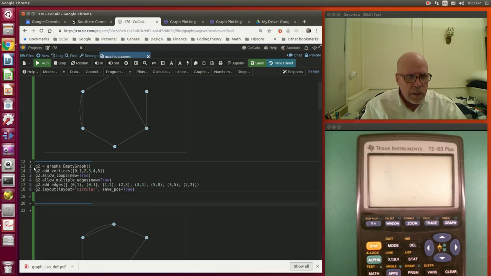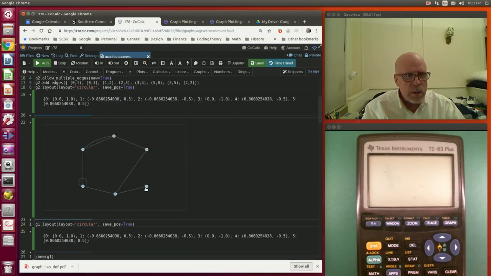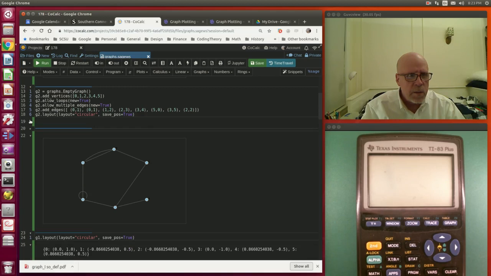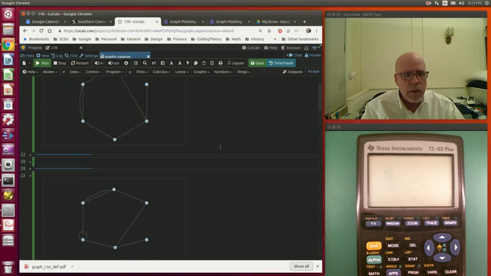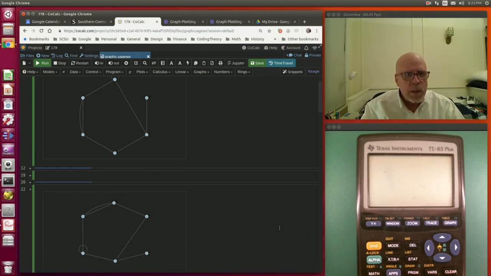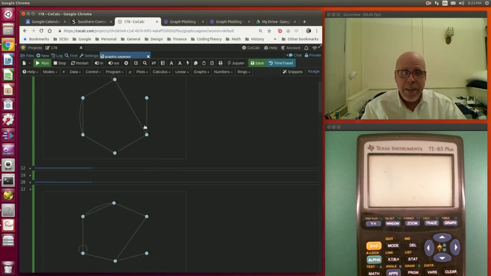And there's another graph. The first one I called G1, this is G2, and let's display it. Let me hide the definition again, so hopefully we can get both of these graphs on the screen at the same time. Just about. All right.